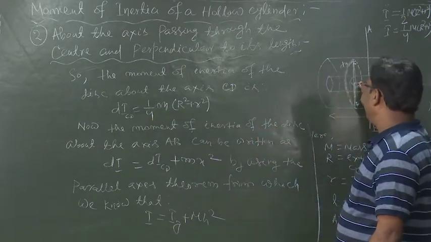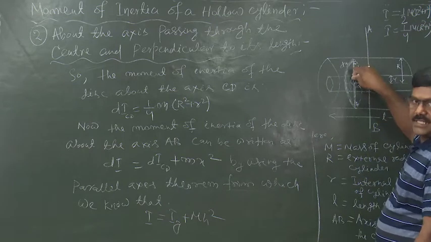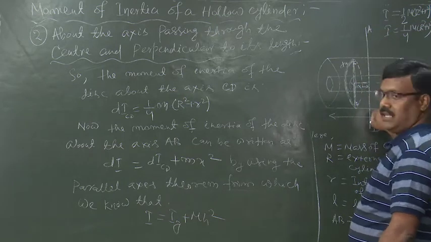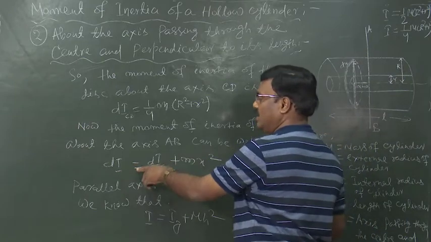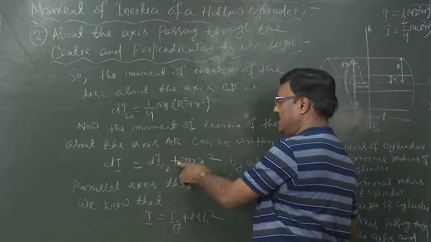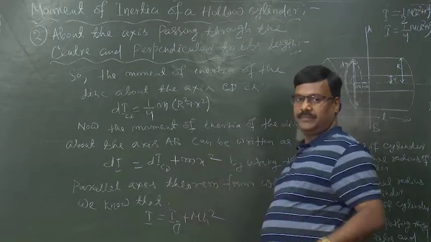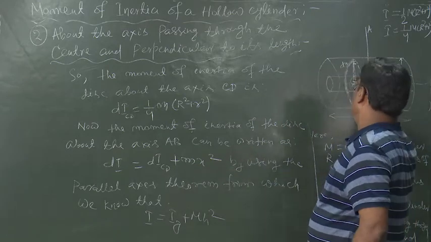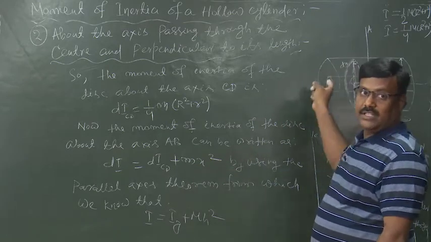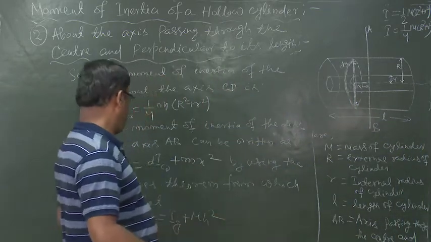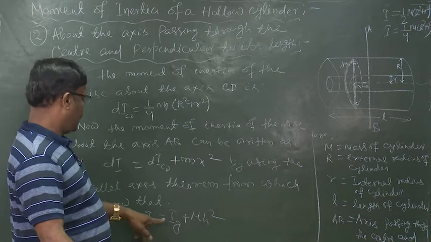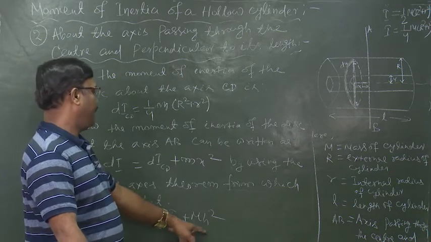The moment of inertia of this disc about the axis of symmetry AB will be dI equal to dI CD plus m x square, because it is written according to the parallel axis theorem, from which we know that I is equal to Ig plus m h square.